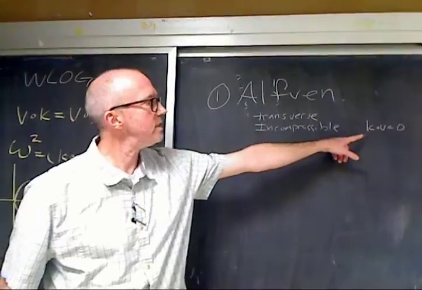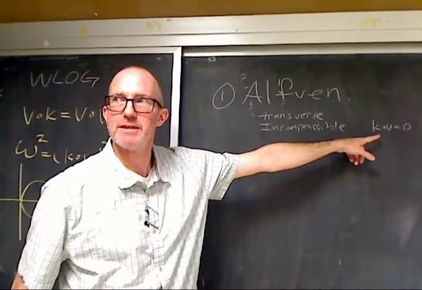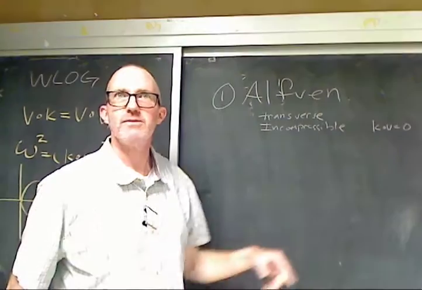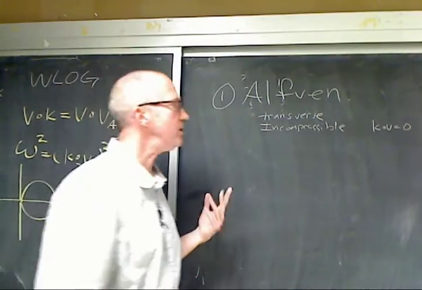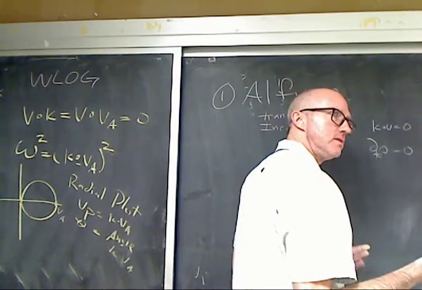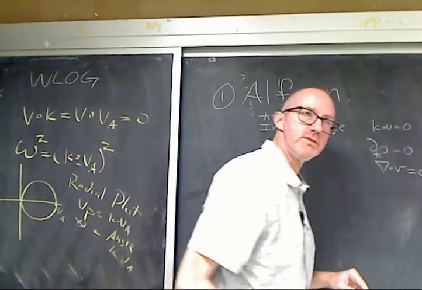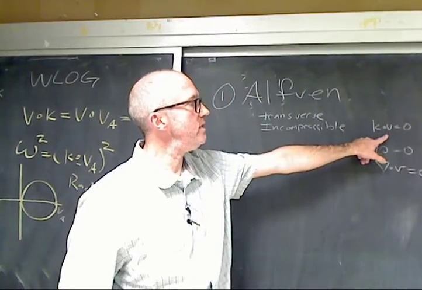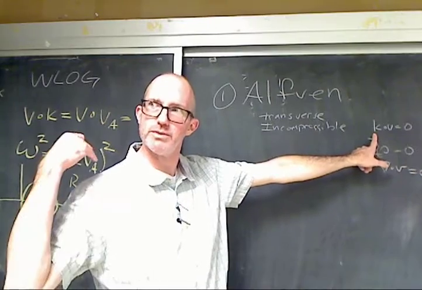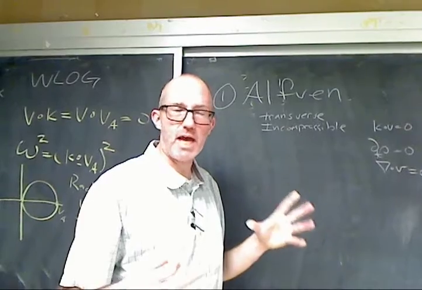Why is this equivalent to incompressible? What does incompressible mean? Incompressible means d rho dt equals 0. It also means div v equals 0. This is just div v. Remember, because the k's all came from spatial derivatives, so k and spatial derivatives should be tied together in your head.